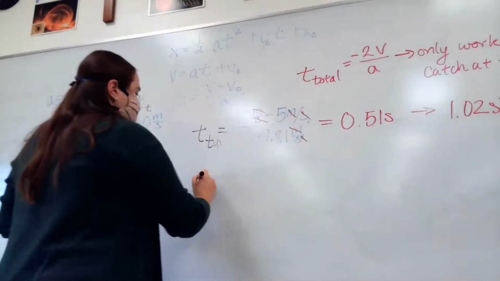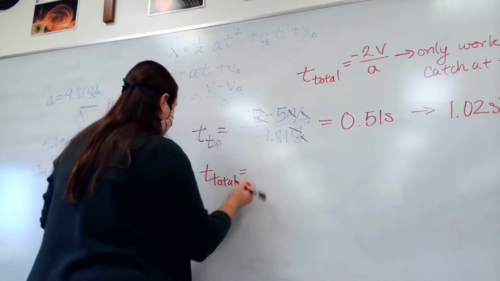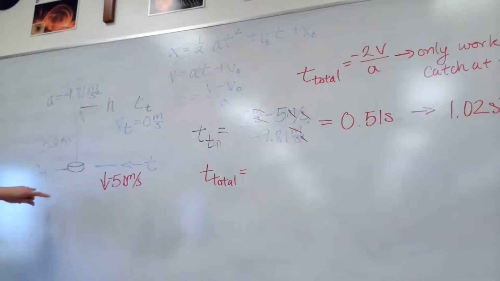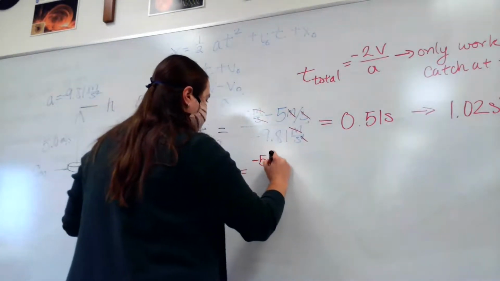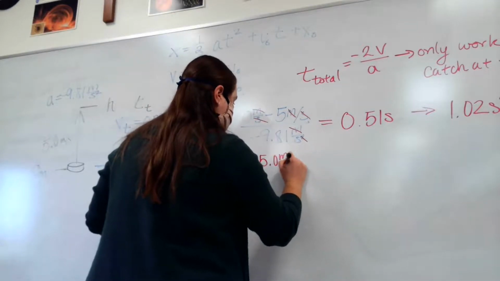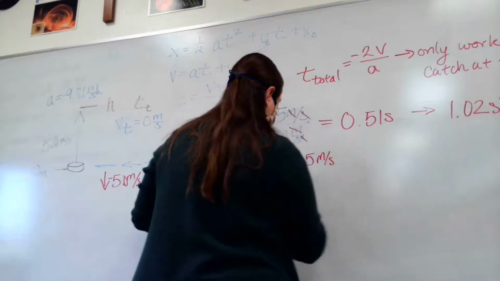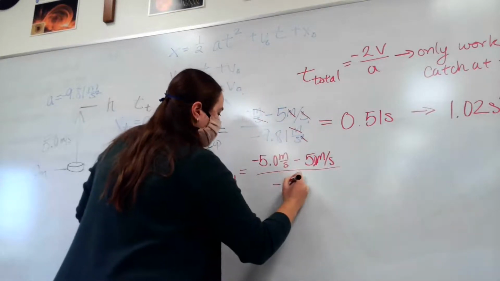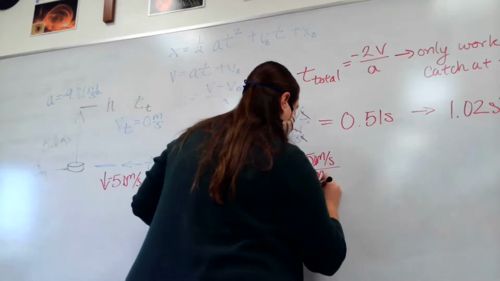So our total time in this case is going to be our final velocity, which is negative 5 meters per second, minus 5 meters per second. Okay, I forgot the points here. There we go. And then divided by our acceleration, which is negative 9.81 meters per second squared.